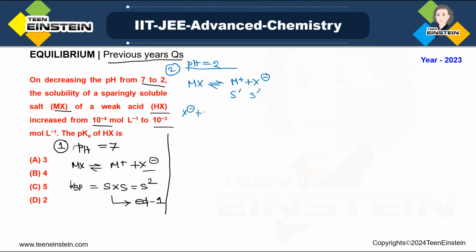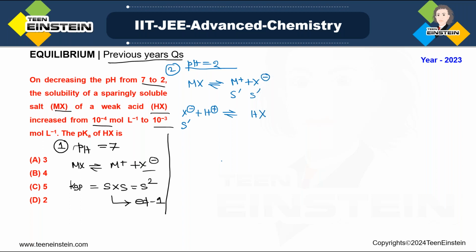This X minus in presence of acid, because we have decreased the pH. So now the acidity is high. It will make some Hx, right? So this S prime, which I have written in the previous equation, that is a solubility. Now this S prime, the same amount will be reacting with this H plus.